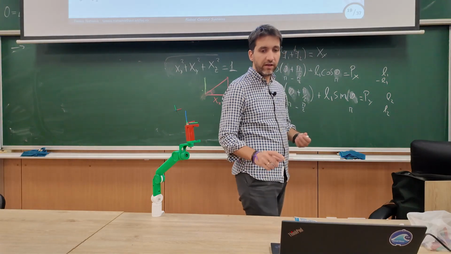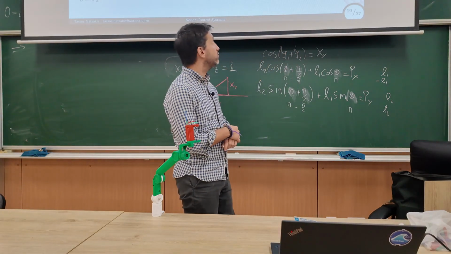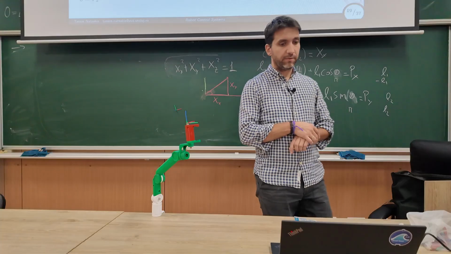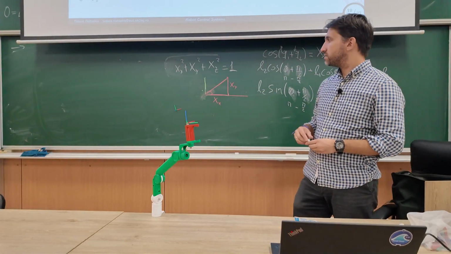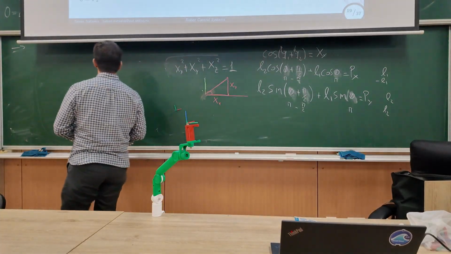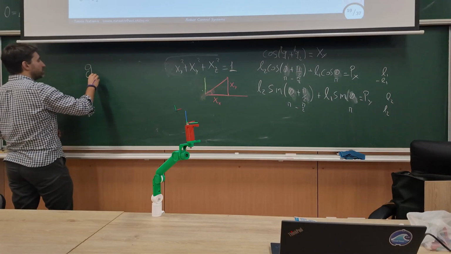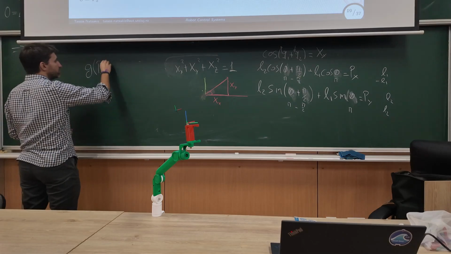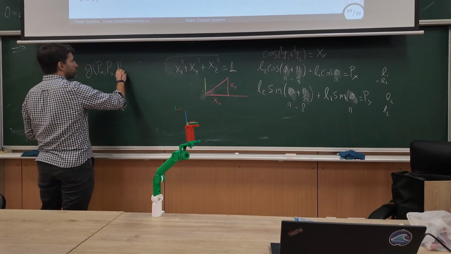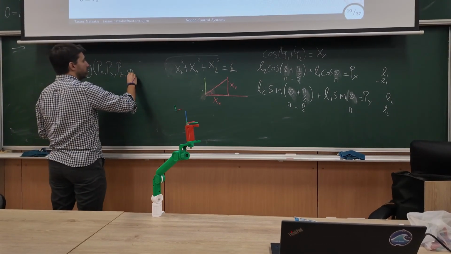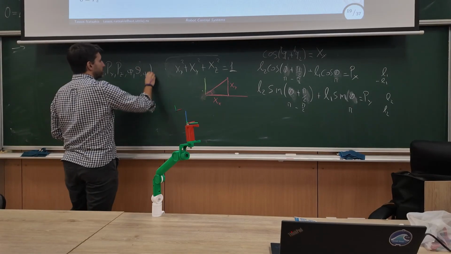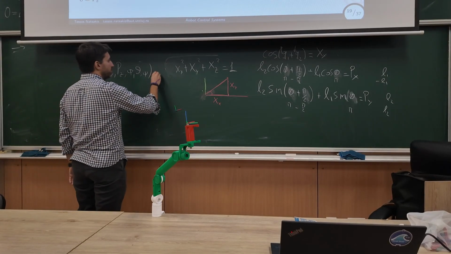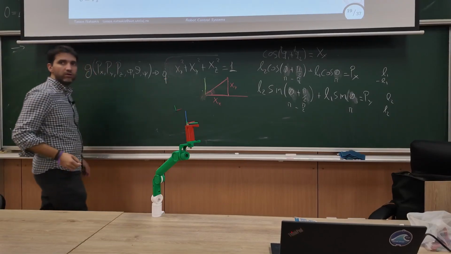So how do we solve the inverse kinematics? Because that's what we're trying to do. And what do we mean by solving? We want to reach the equation I mentioned, where we have some function of pose, phi, theta, and psi, which gives me joint coordinates.